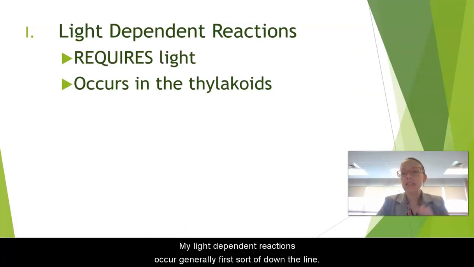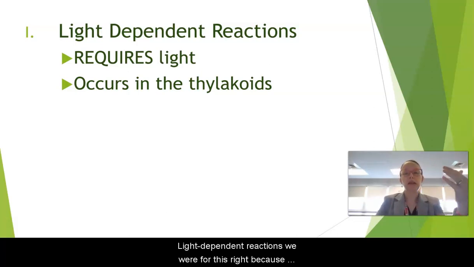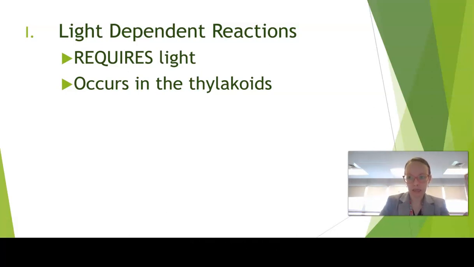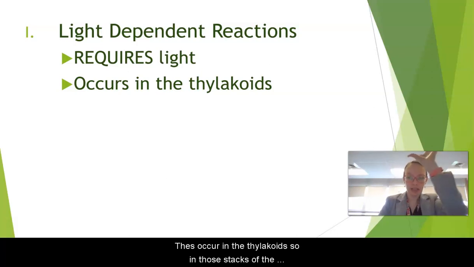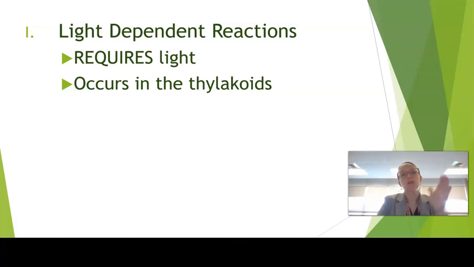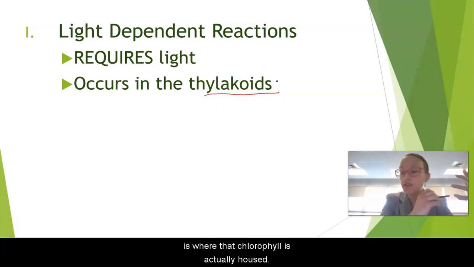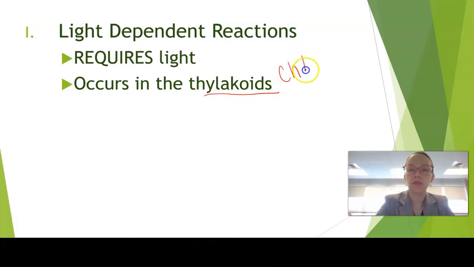My light-dependent reactions occur generally first, depending at what point photosynthesis is. We refer to them this way because they need light. And these occur in the thylakoids. So in those stacks of the coins, the thylakoids, our light-dependent reactions occur because this is where the chlorophyll is actually housed.